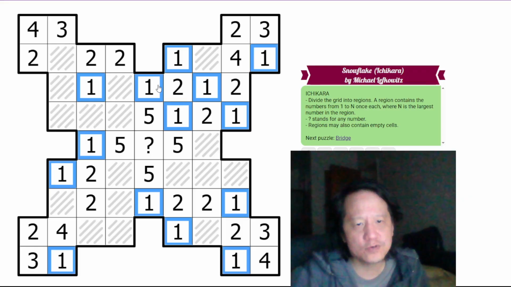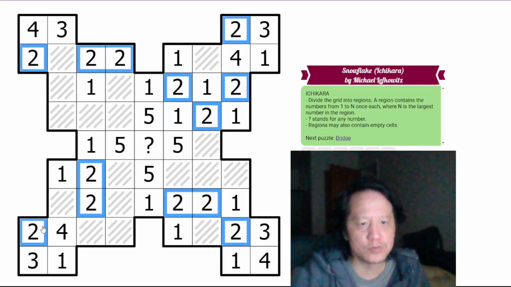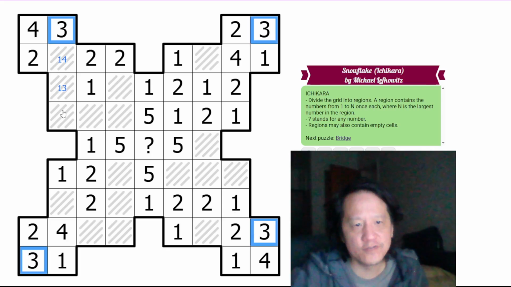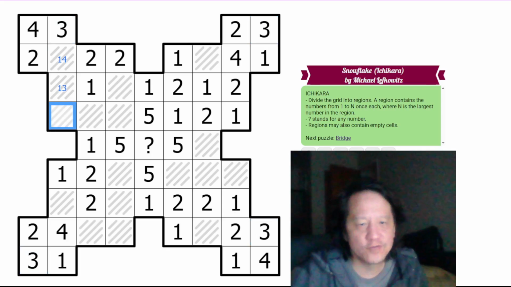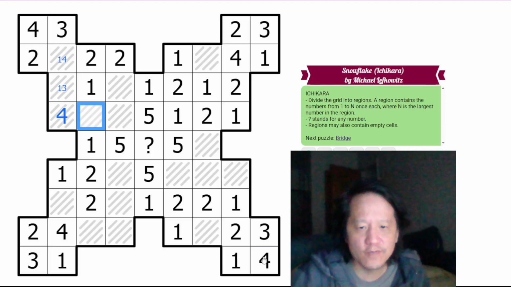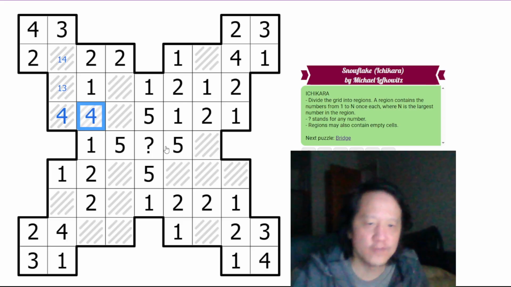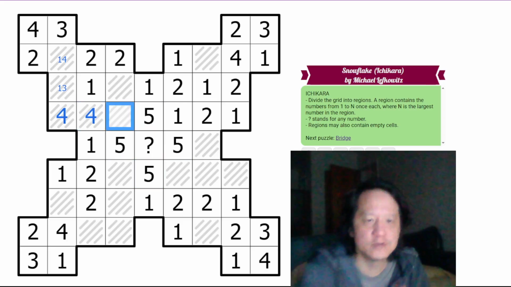Counting again to confirm: 14 1s, 13 2s. How many threes? There are 4 threes. How many fours? There are 4 fours. How many fives? There are 4 fives.